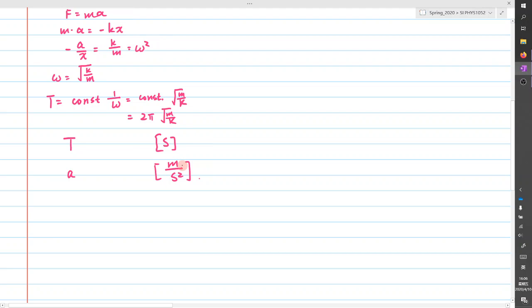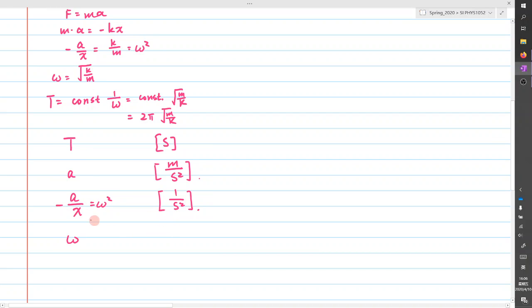And that's totally correct. In fact, we divide the acceleration by x to get rid of the meters on top of it. So if we keep the step flowing, we get negative a over x with a unit of 1 over second squared, and this is omega squared.